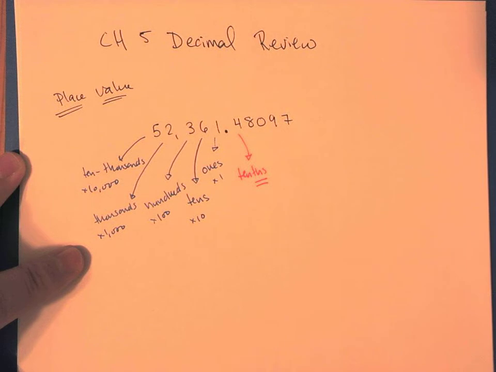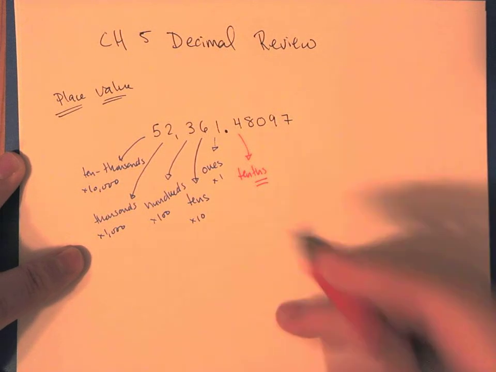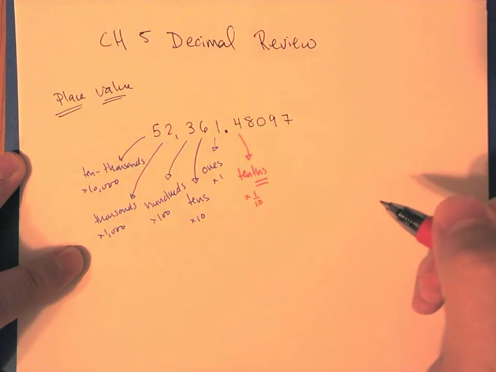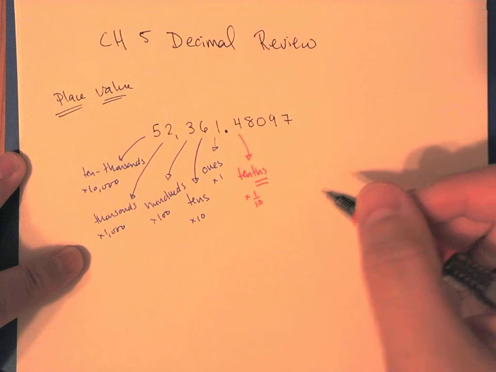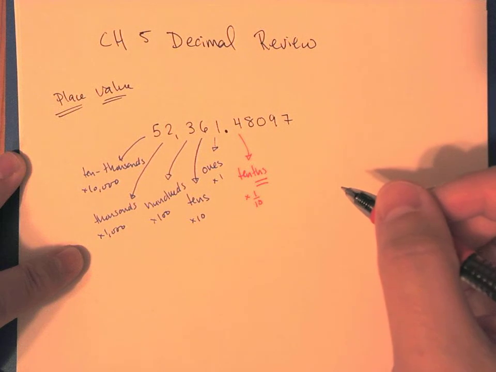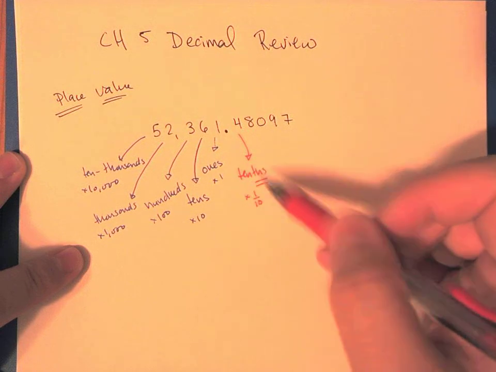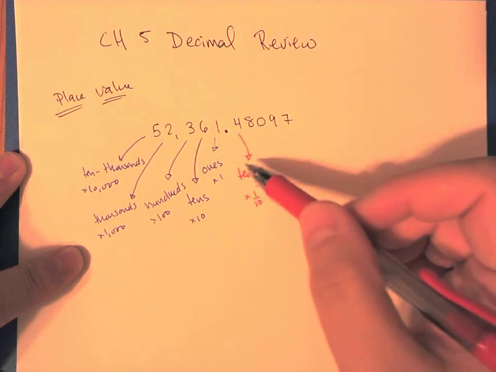So tenths here syncs up with our 1/10 fraction. In some sense it's like 4 divided by 10. We're dividing by 10 instead of multiplying by 10. We don't have a oneths place. If we divided by 1 or multiplied by 1 over 1, we would just have ones again.